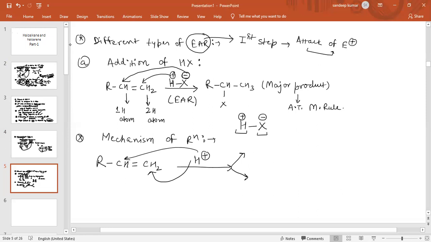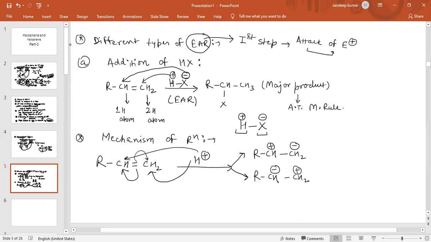If the pi bond breaks this side, then this carbon bears positive charge and this carbon bears negative charge. If the pi bond breaks by the other side, then on this carbon atom there will be negative charge, and on this carbon atom there will be positive charge. So basically these are two possibilities.